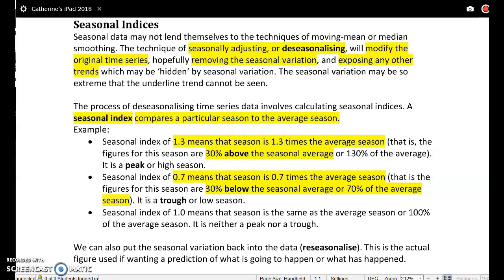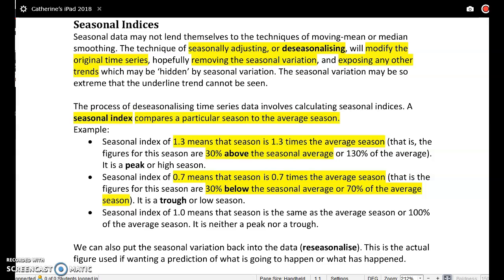Another example might be a ski shop. During the summer months, you're not expecting a lot of skiing clothes to be sold, whereas during winter months, you'll be selling far more jackets and things. So that seasonal variation, we want to take out of our plot so that we can better see what the actual underlying trend is.